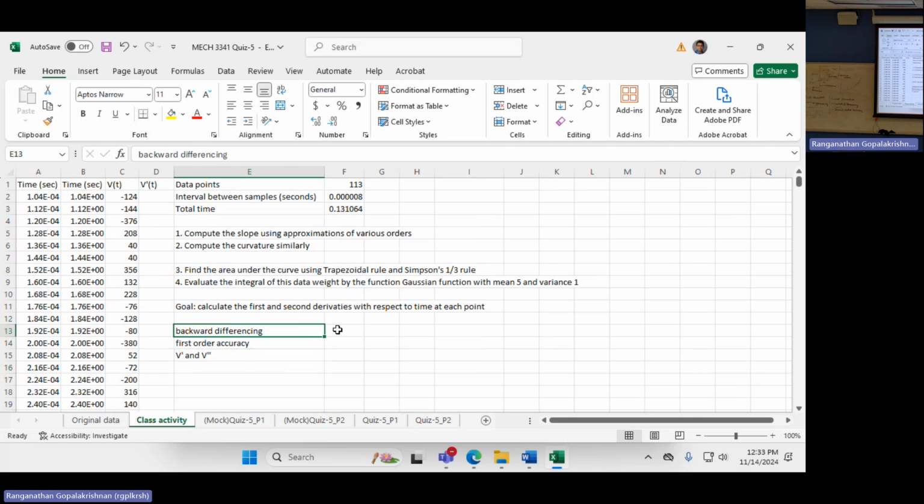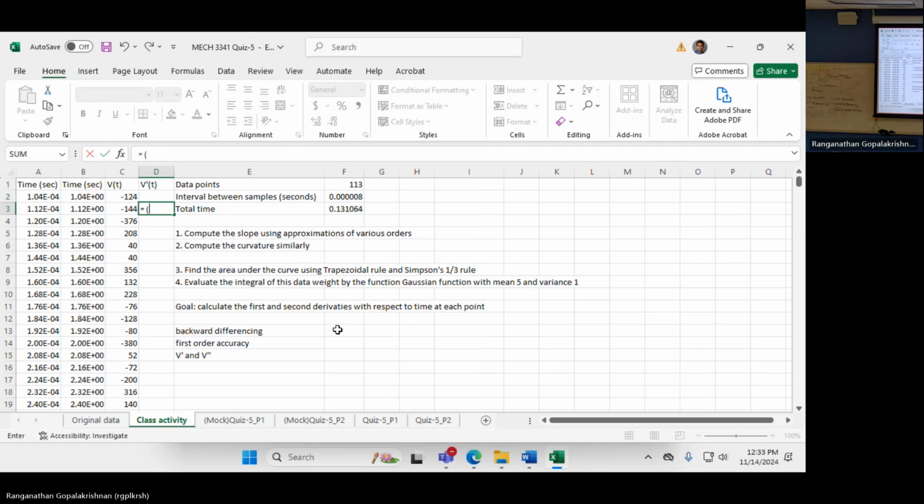So I'm going to write, I'll start from the second line. This is the current value minus previous value divided by step length. I just want to make sure I get the step length right.